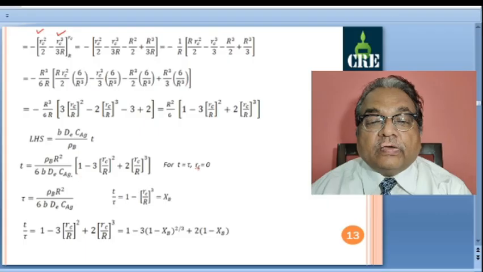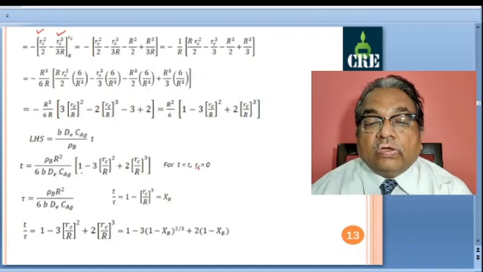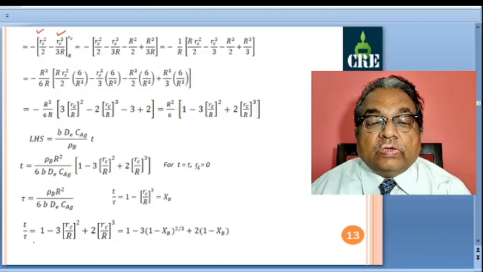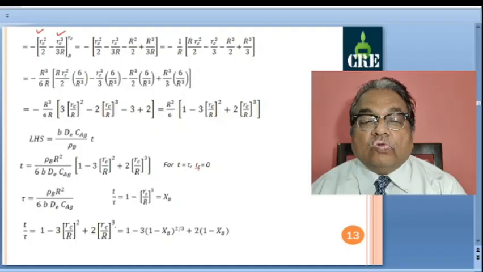Now if I take the ratio of t by tau, this fractional time t by tau, this term is same, cancels out, as we have seen in the earlier two derivations also, and what is left is t by tau is equal to this bracket, 1 minus 3 into rc by r whole square plus 2 into rc by r whole cube.